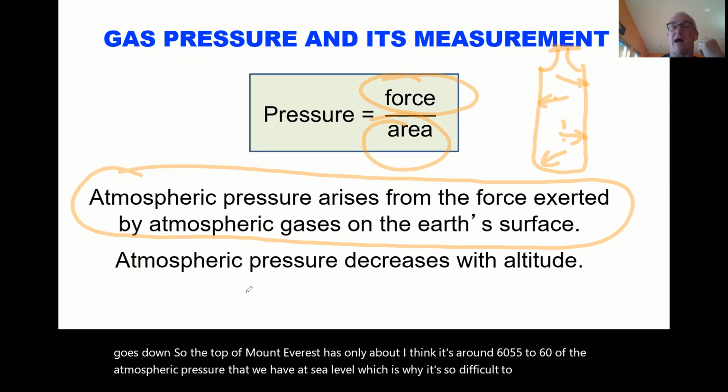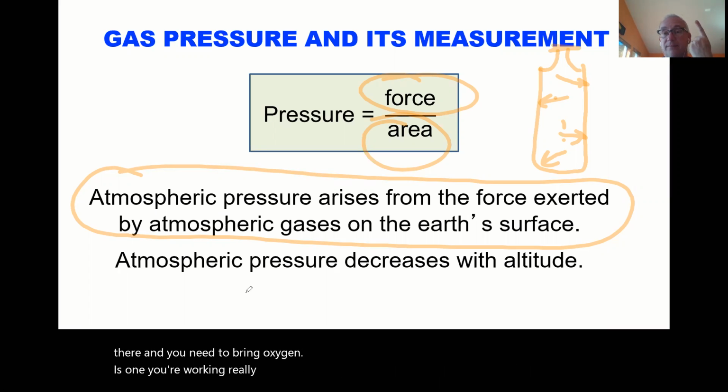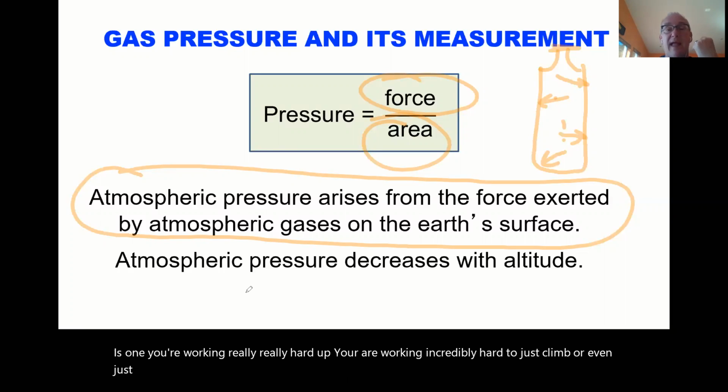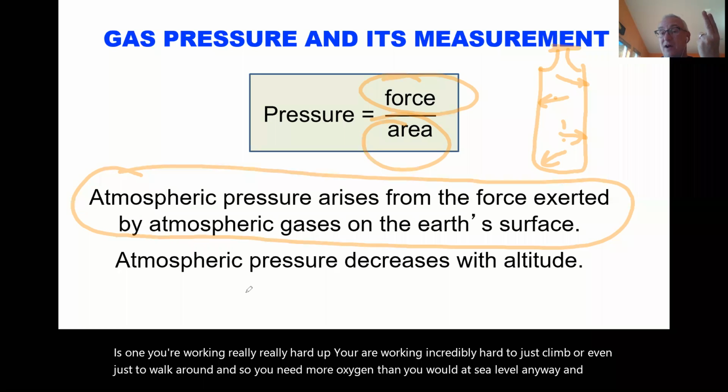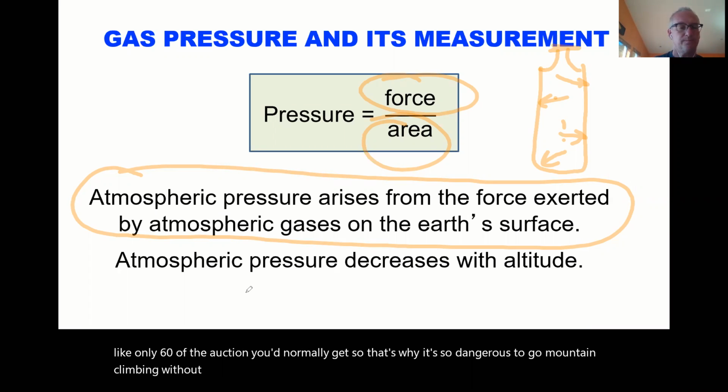You need to bring oxygen, because one, you're working really, really hard. Your muscles are working incredibly hard just to climb, or even just to walk around. So you need more oxygen than you would at sea level anyway, and there's only 60% of the oxygen you normally get. That's why it's so dangerous to go mountain climbing without oxygen when the atmospheric pressure is so low.